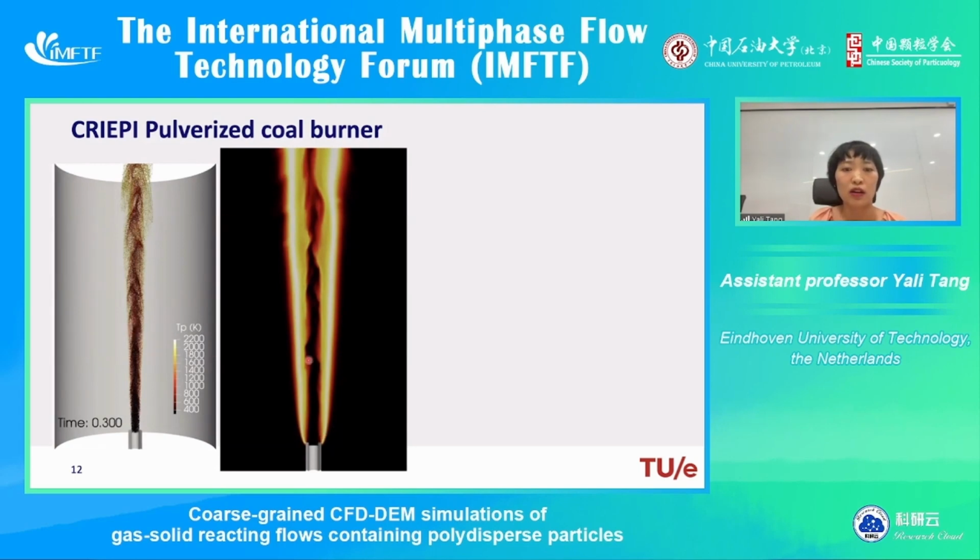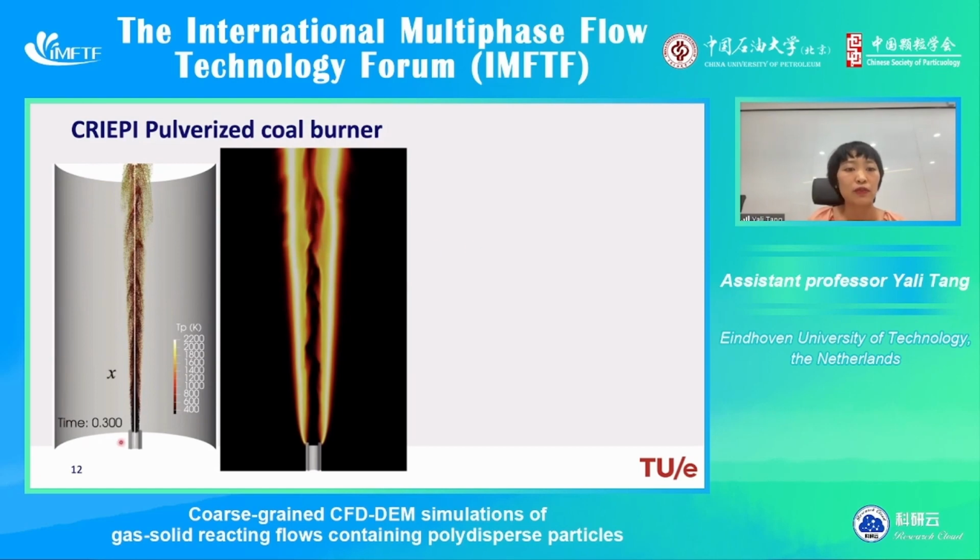And at the downstream, the hot gas moves inward, and also due to the turbulent fluctuation, the temperature increases in the central line.